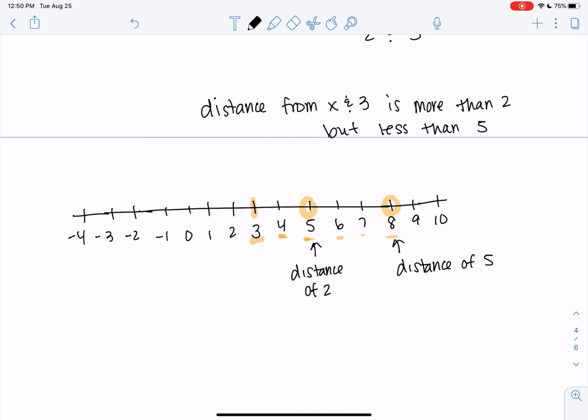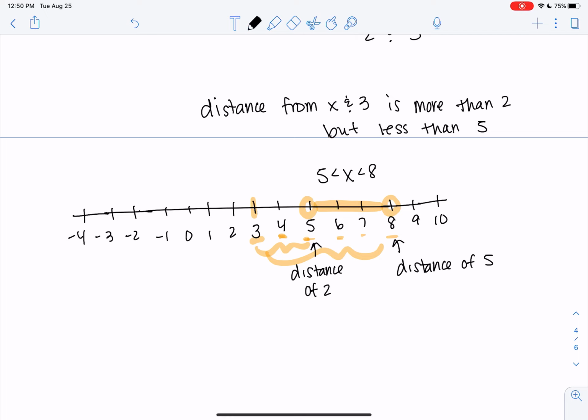So if the distance is in between 2 and 5, then x is actually in between 5 and 8. Does that make sense? The distance is between 2 and 5, but x itself is in between 5 and 8.